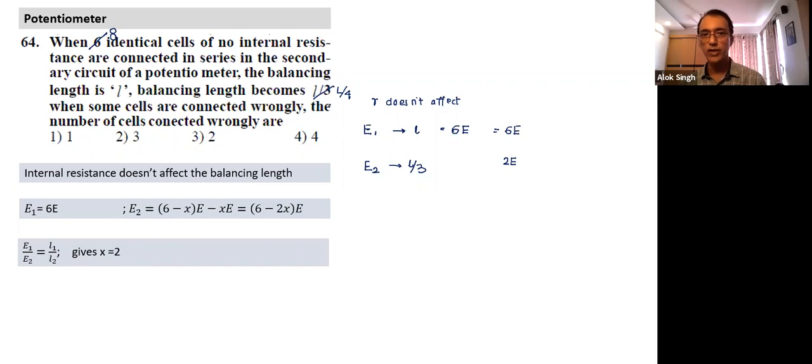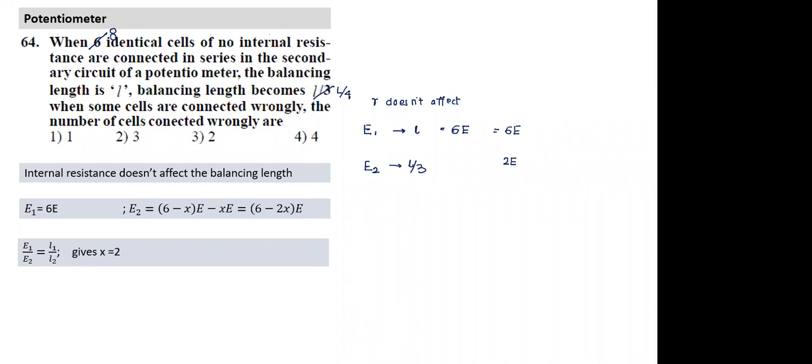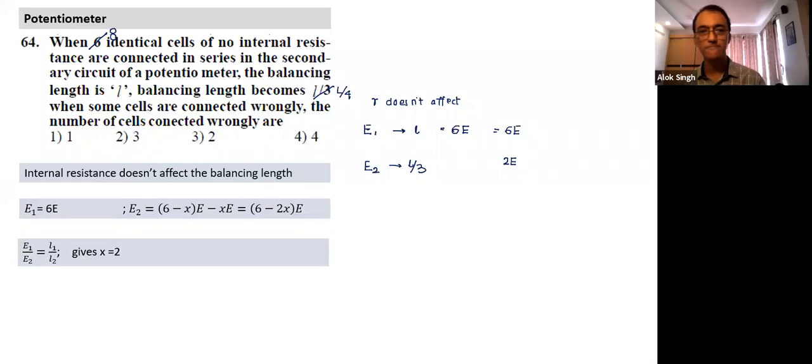How many cells are wrongly connected in this case? So we can't get a combination. Is it possible? Not possible.